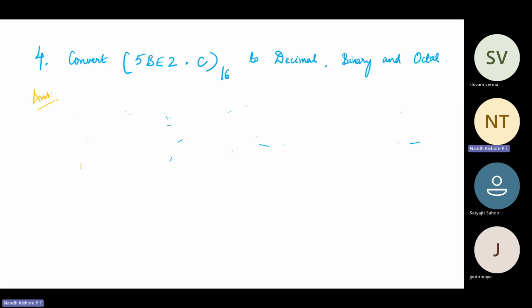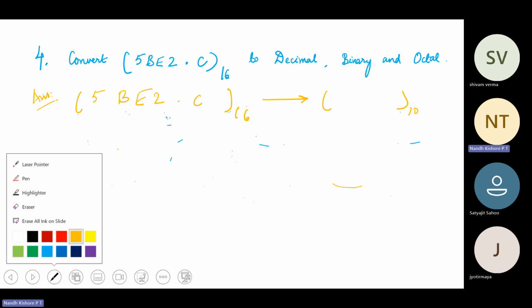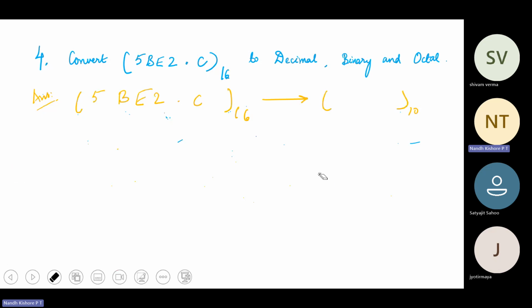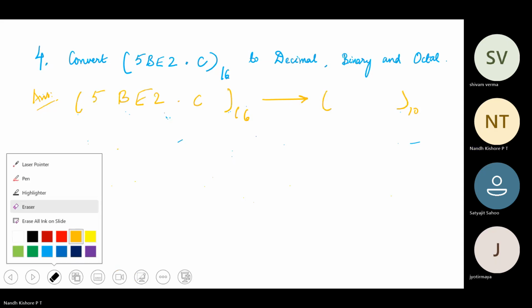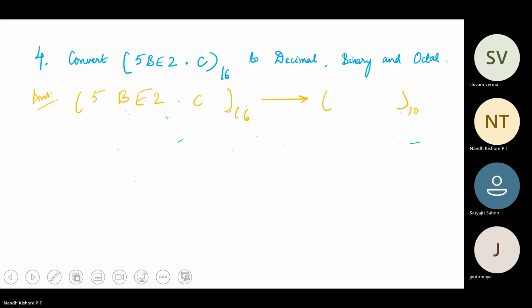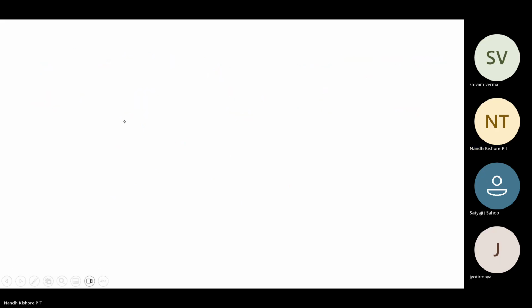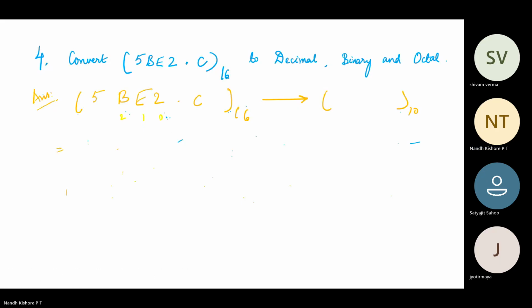So they have given you the hexadecimal number. All right. So 5BE2.C, right? So we know that to convert from any base to decimal, base 10, we have to multiply with the units place. Which means that there's going to be something like this is your units place, ones place, and this is minus 1.